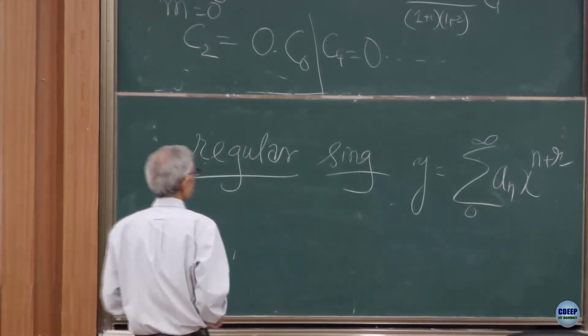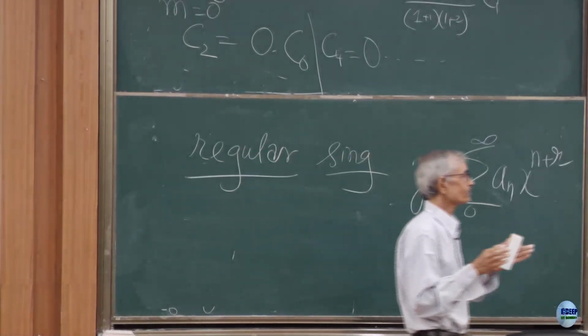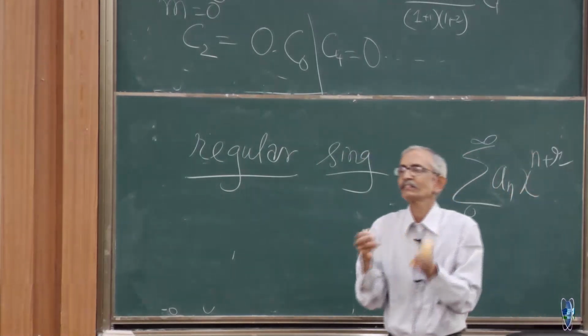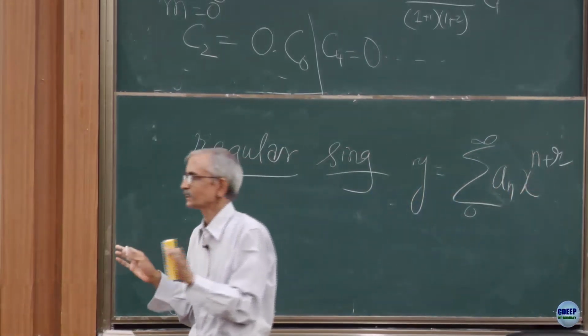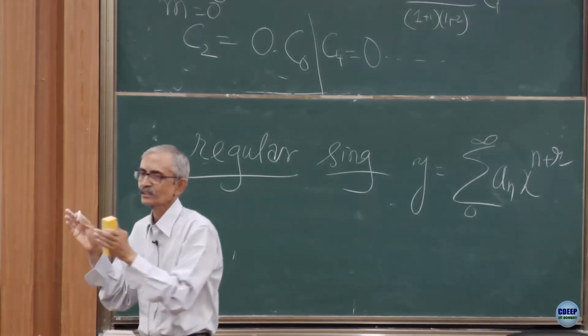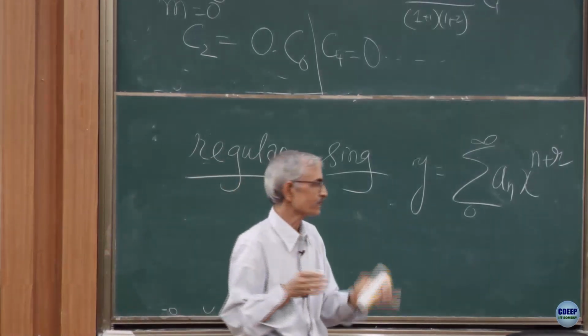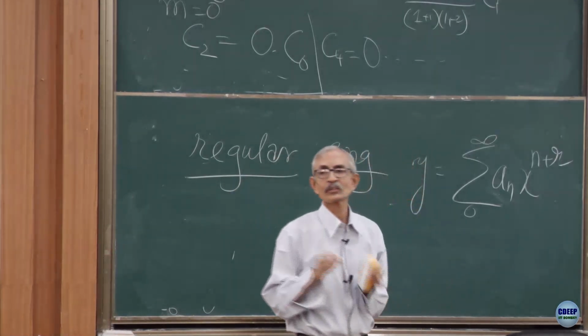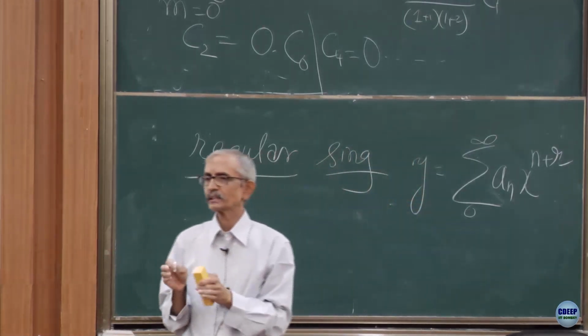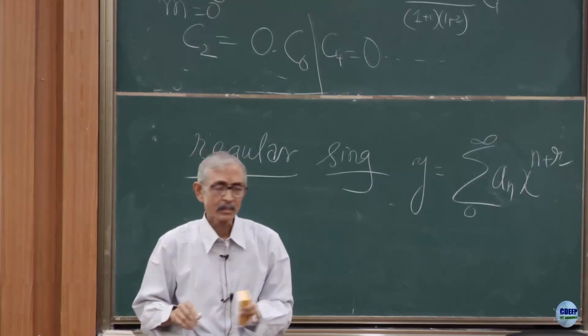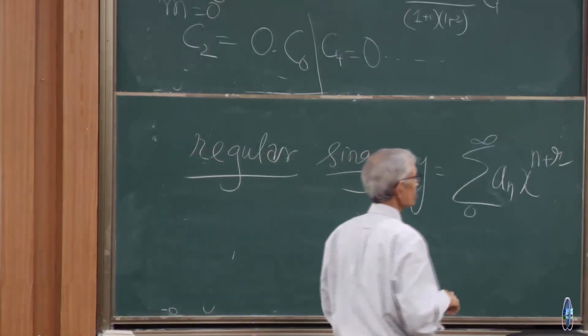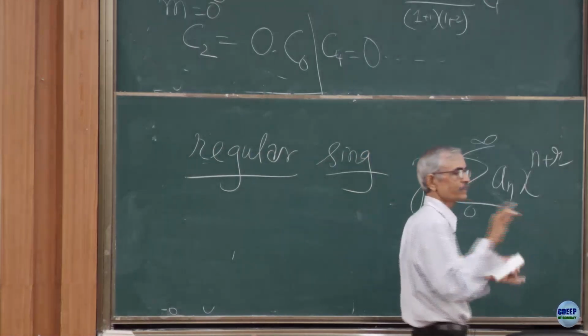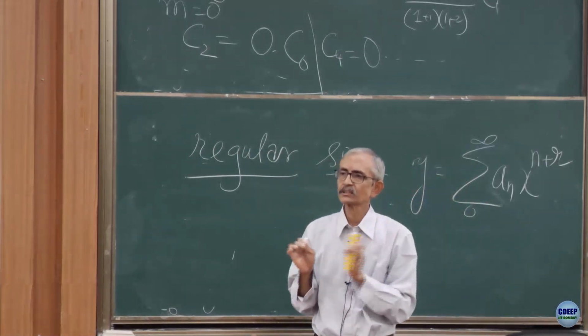Alright, suppose I have evaluated r, and I have a second order equation, so I will get 2 r's. If r1 minus r2 is not an integer, this is the theorem, then I can get 2 solutions easily, there is no problem.